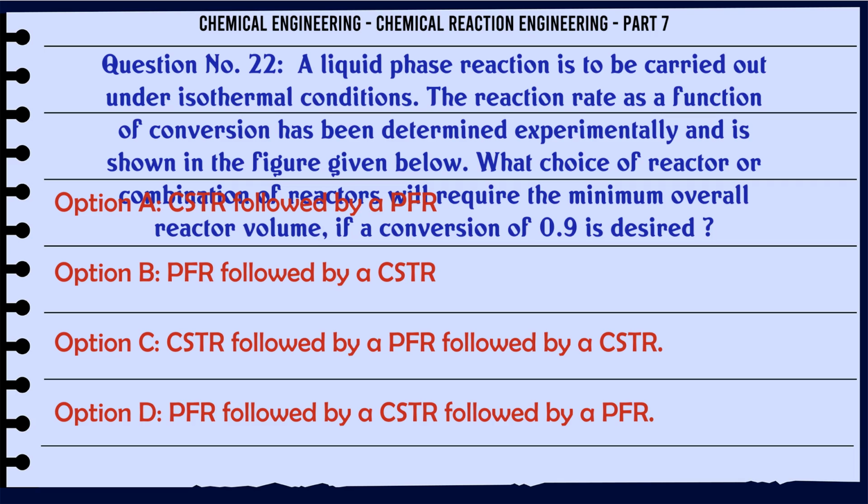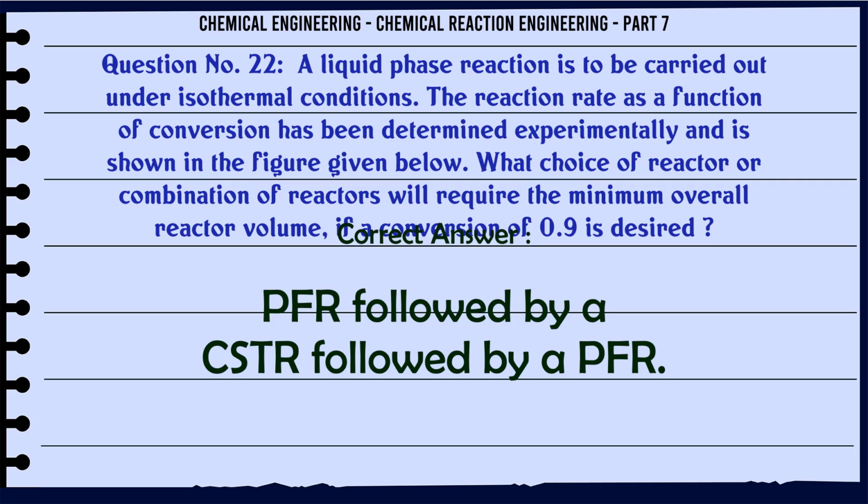A, CSTR followed by a PFR. B, PFR followed by a CSTR. C, CSTR followed by a PFR followed by a CSTR. D, PFR followed by a CSTR followed by a PFR. The correct answer is: PFR followed by a CSTR followed by a PFR.